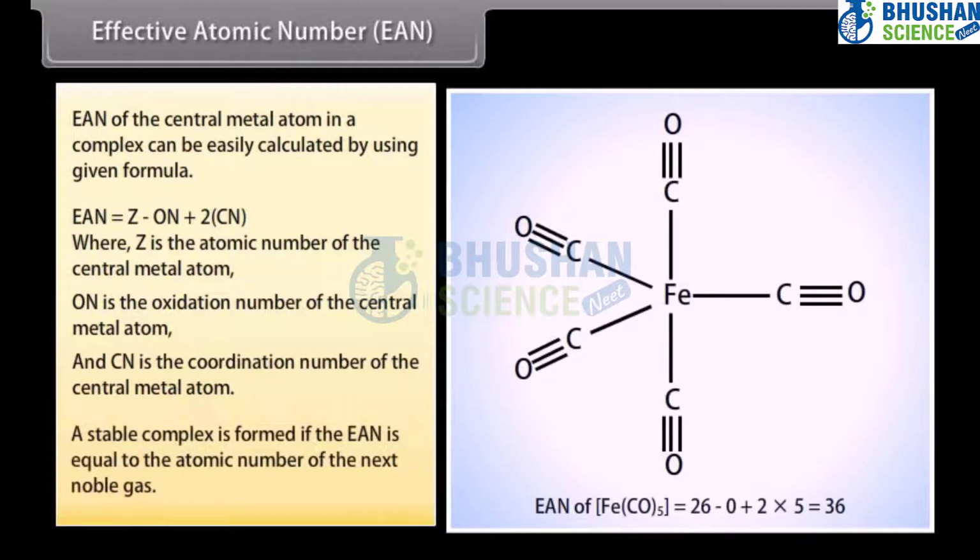A stable complex is formed if the EAN is equal to the atomic number of the next noble gas. For example, EAN of Fe(CO)5 is equal to 26 minus 0 plus 2 into 5, which is equal to 36.